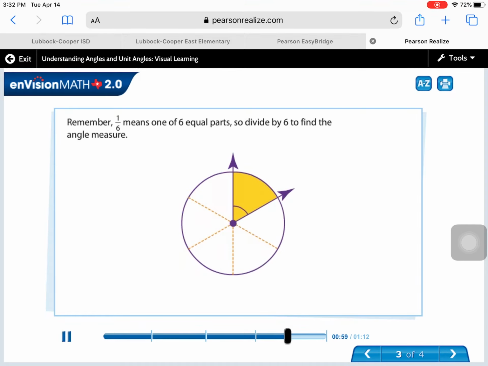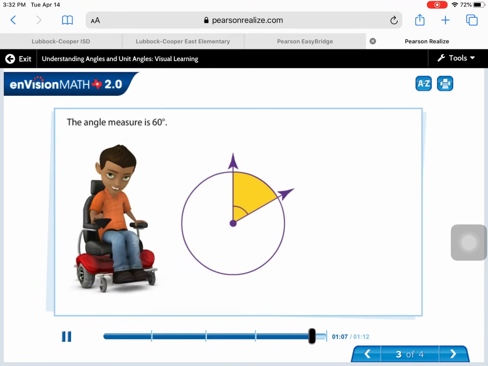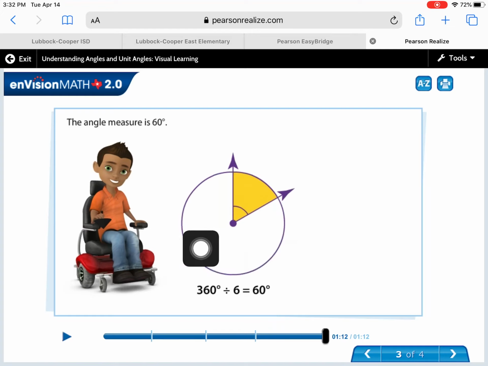Remember, 1/6 means one of 6 equal parts, so divide by 6 to find the angle measure. The angle measure is 60 degrees. And so that's exactly what we just talked about. If every circle has 360 degrees, if you were to divide it into 6 parts, each part is going to have a 60-degree angle.